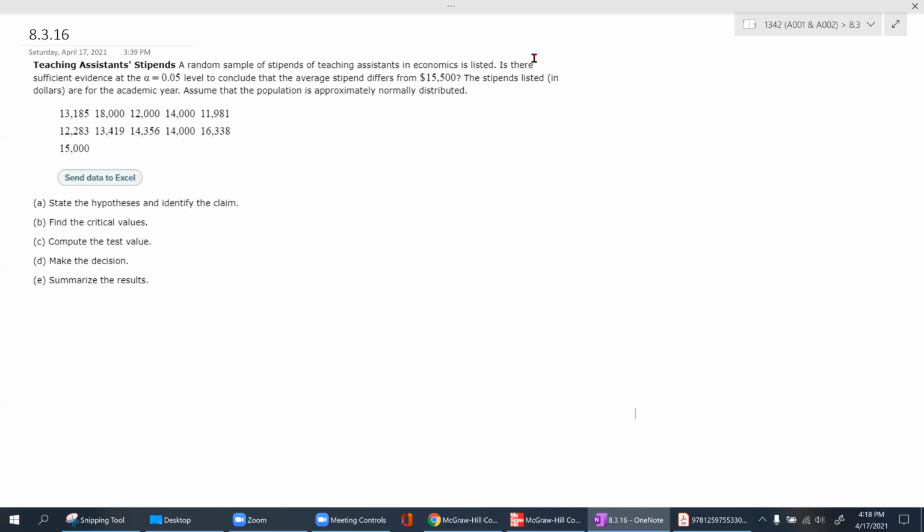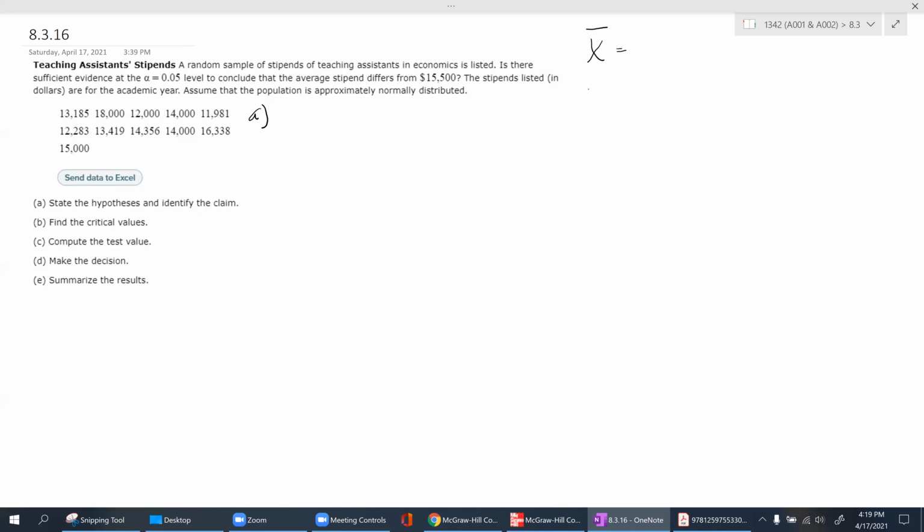Is there sufficient evidence at a given alpha level to conclude that the average stipend differs from 15,500? So it is not 15,500, so automatically I already know what my mu is. Let's go ahead and find my X bar.